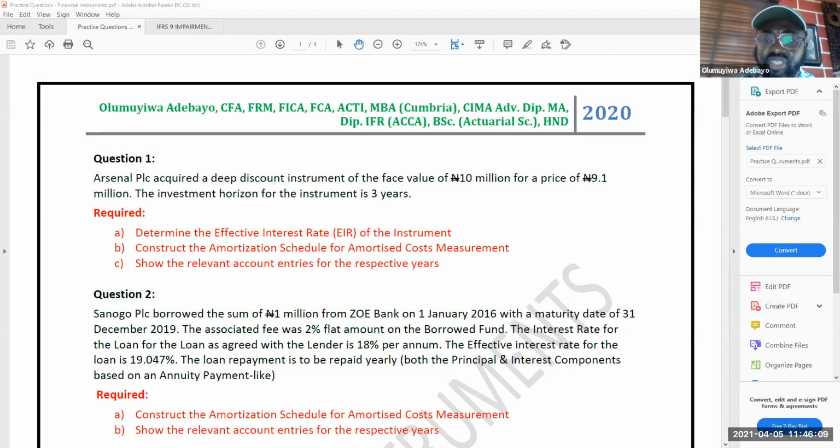Now, from the information available to us, without any bias, what can we consider the class or classification of the financial asset?